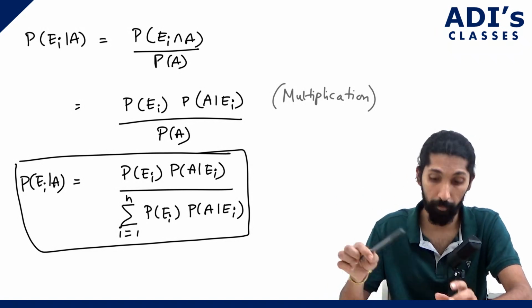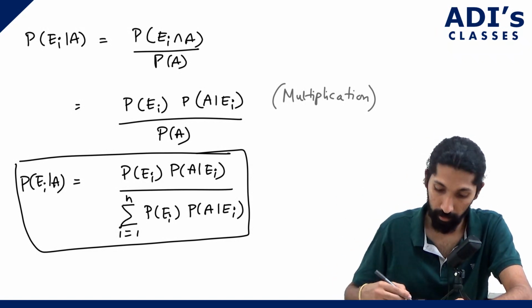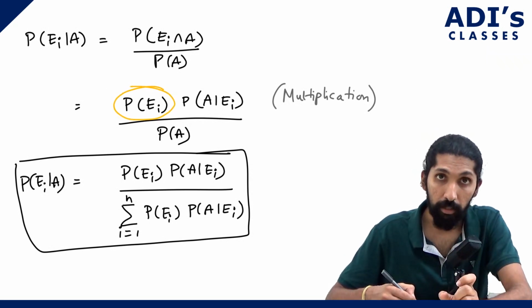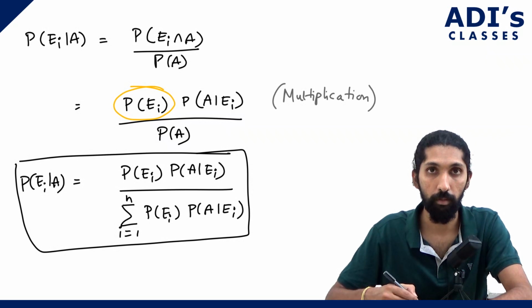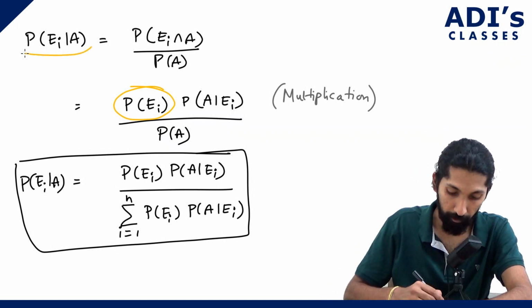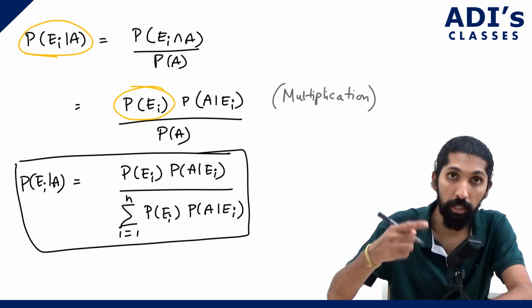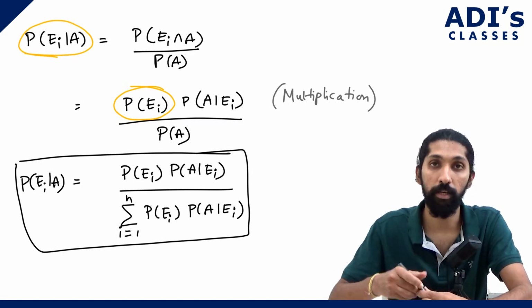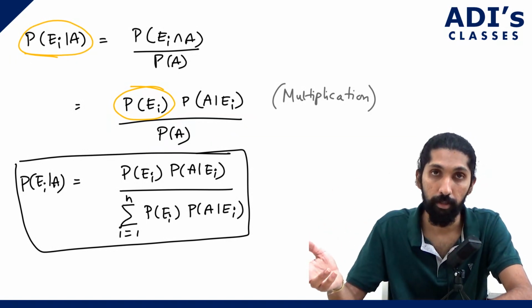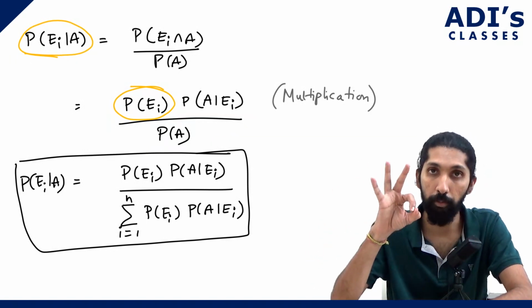Right? Now, P of Ei, what we are seeing here, this is called the priori probability. And P of Ei given A is called the posteriori probability. One is before, one is after, prior and posterior. Understood?